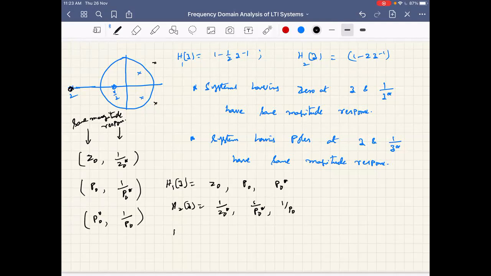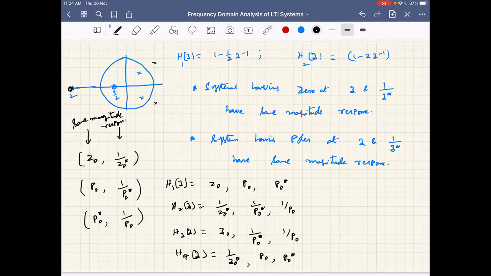And h3 of z, you can consider z naught, 1 by p naught star and 1 by p naught. This also will have the same magnitude response, because you are selecting from this z. And h4 of z, we are selecting 1 by z naught star, p naught, p naught star.